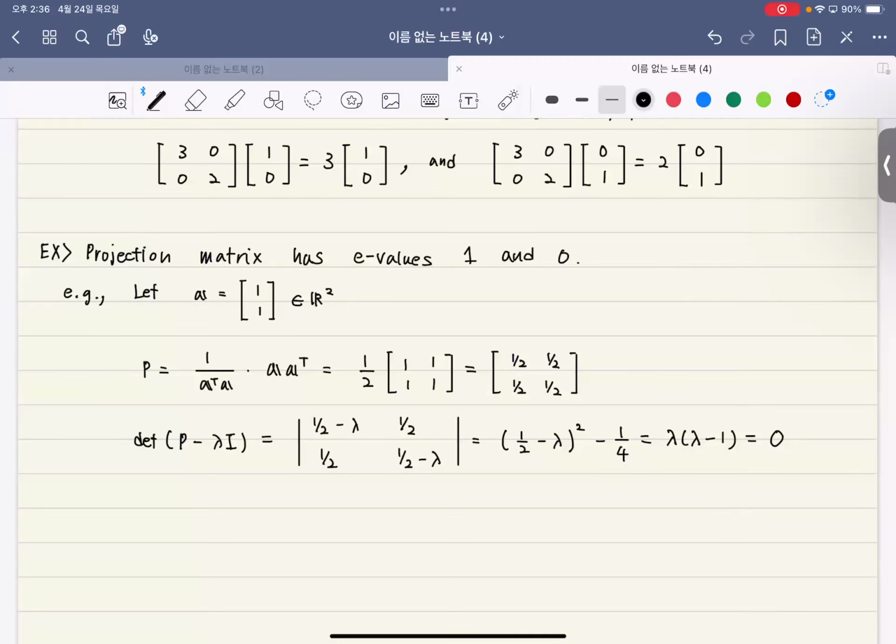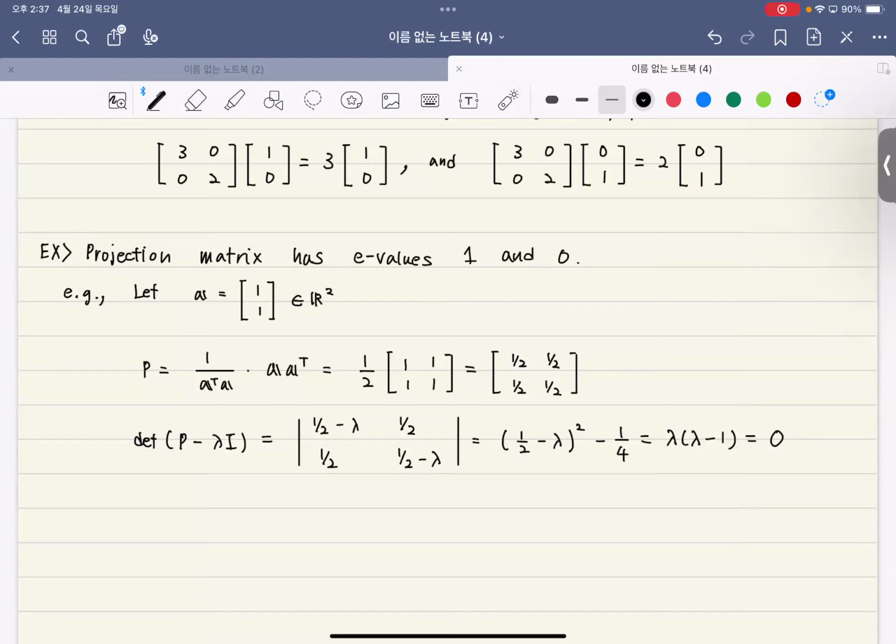Why is it true? How can I prove this? I can spend time and effort to prove this, but I have a better explanation. Suppose that you are projecting 3-dimensional vectors into a 2-dimensional subspace.